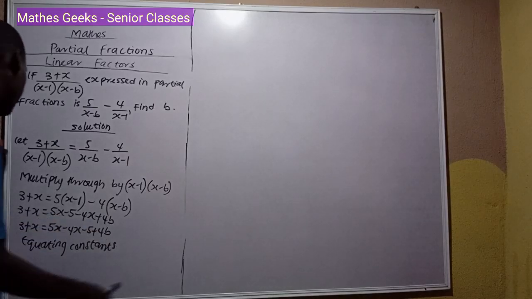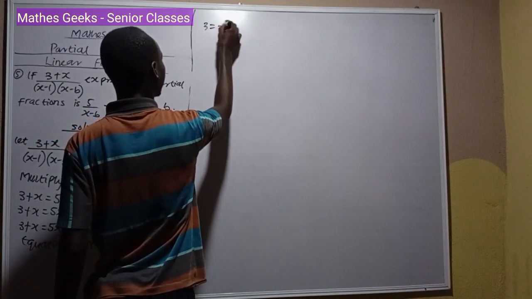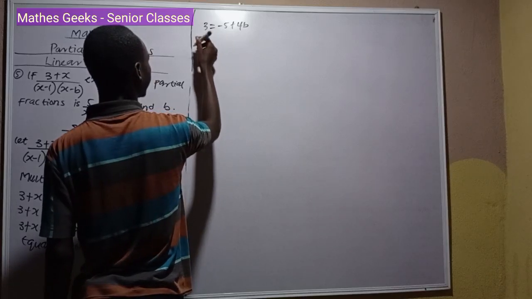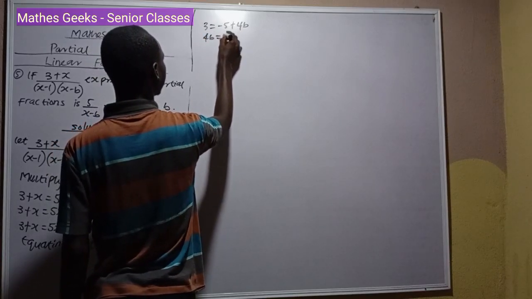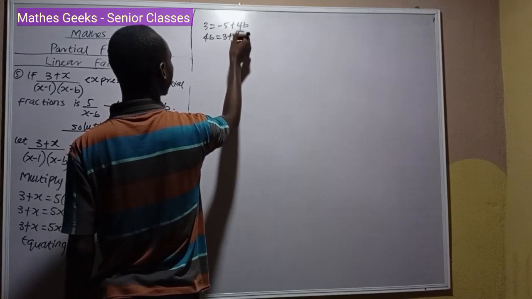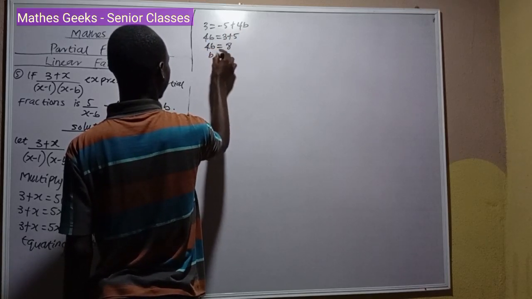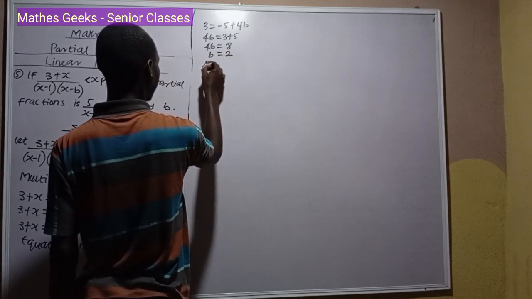The equation constant we have 3 equals minus 5 plus 4. So we will have 4 equals 3 plus 5. 4B equals 8. This equals 2.